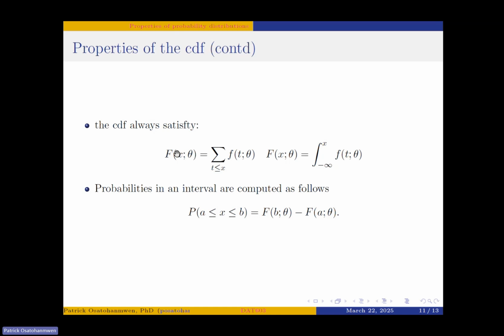It means that we keep adding the probability till we get to a particular point, or we integrate the probability from the lowest point to the point of interest. I think I've explained this before. Now, of course, the probability in an interval is computed using the formula: probability of A less than X less than or equal to B is the same as F of B minus F of A. Of course, this theta is there just to tell us that this distribution depends on theta.